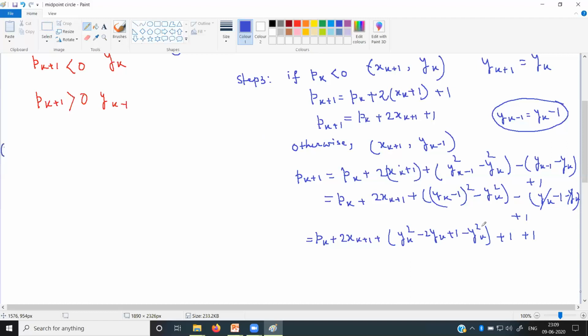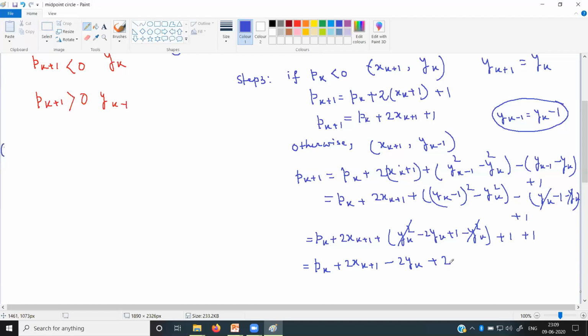After doing all those things, what we can write is, these two terms get cancelled. So I can write it as pk plus 1 equals pk plus 2 of xk plus 1 minus 2 of yk plus 1.